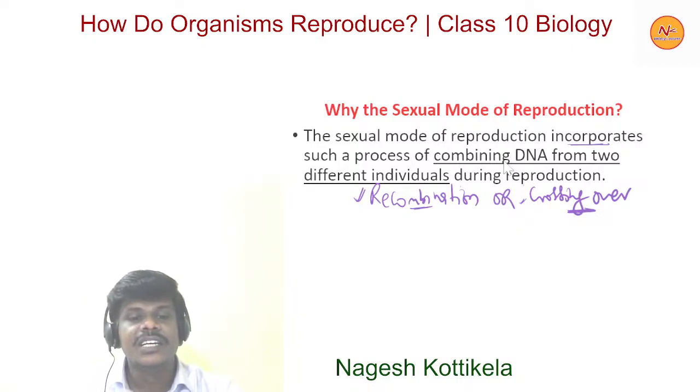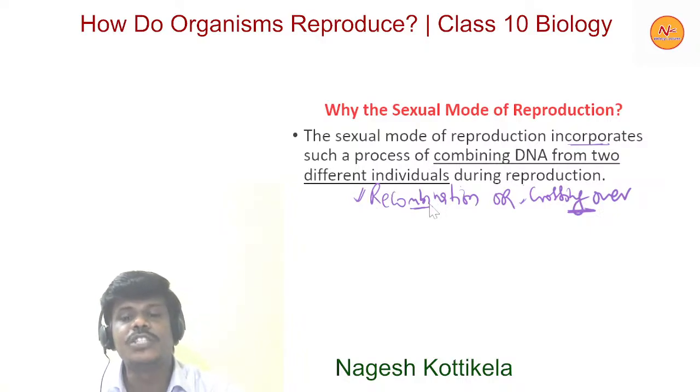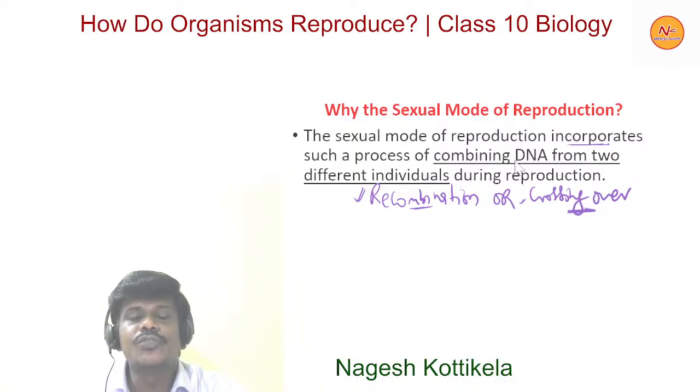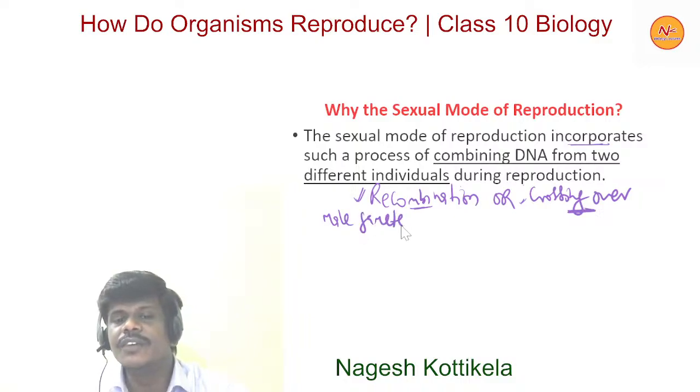In each new generation, there is to be a combination of DNA copies from two pre-existing individuals. One very important aspect here is that in sexual reproduction, the male gamete fuses with the female gamete, and because of this there is a formation of zygote.